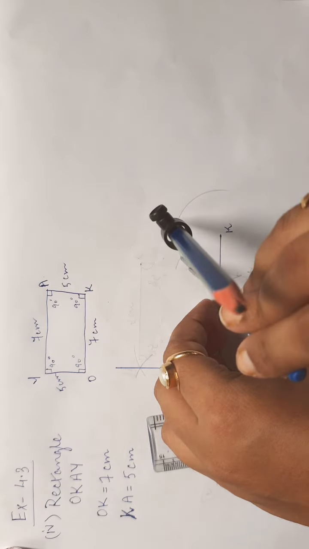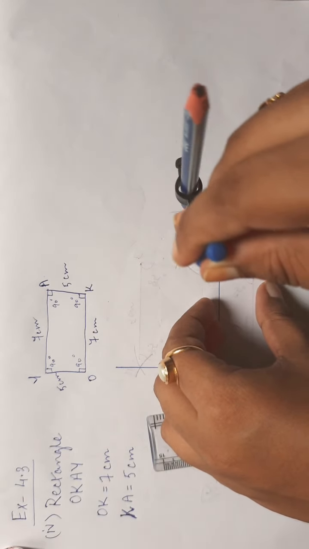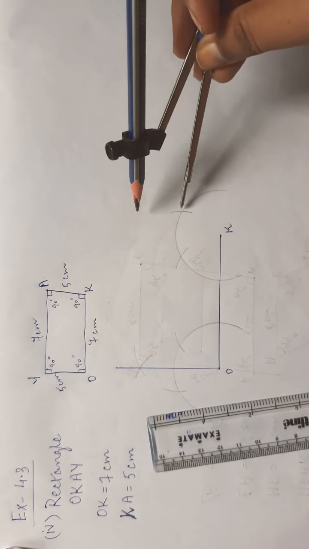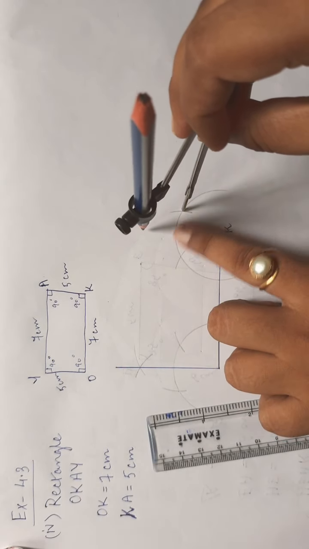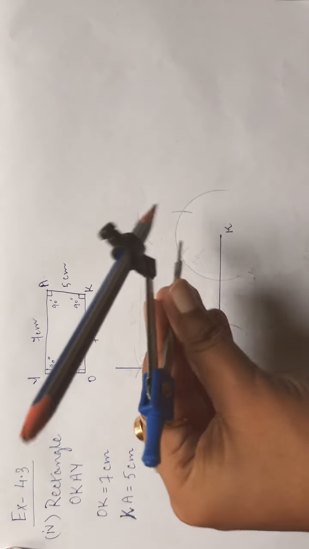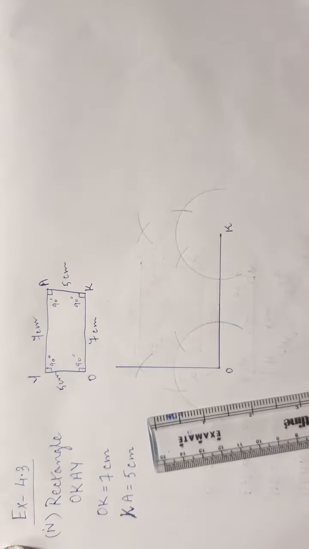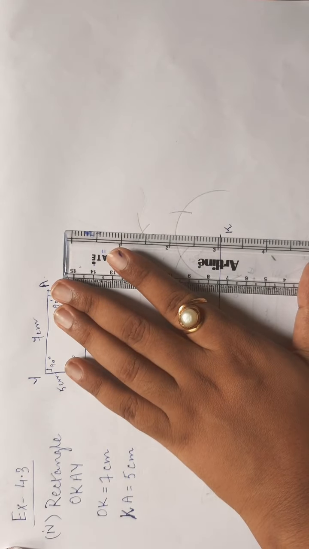Then again from this intersecting point 60 degree. 60 and 60 becomes 120. Now this between, it's 60 degree, we will bisect. While we bisect, we get 90 degree. So we are done with the 90 degree angle. Now we will join this.